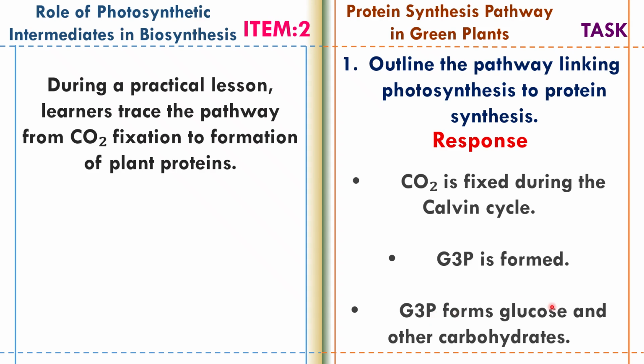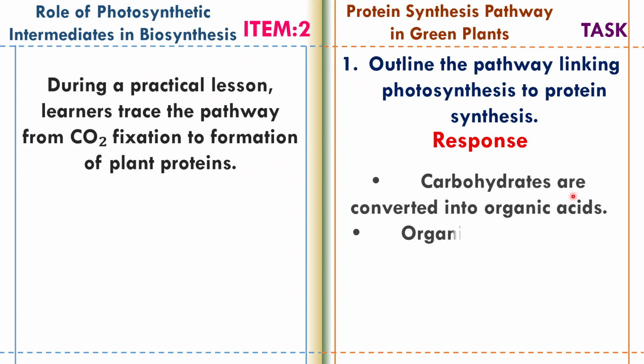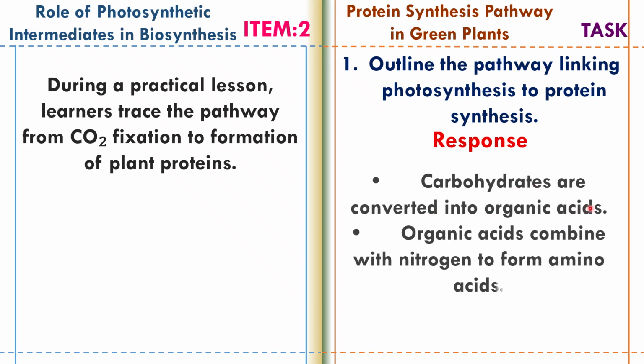G3P forms glucose and other carbohydrates. Carbohydrates are converted into organic acids. Organic acids combine with nitrogen to form amino acids. Amino acids join to form proteins.